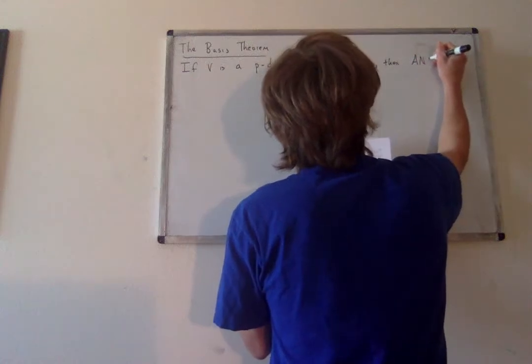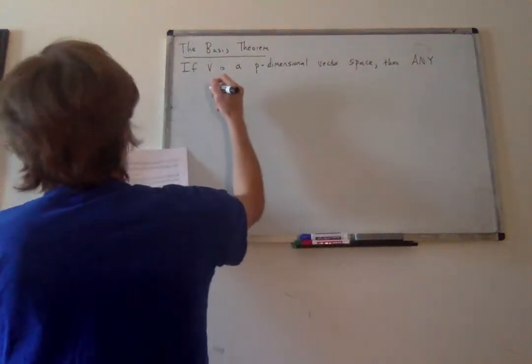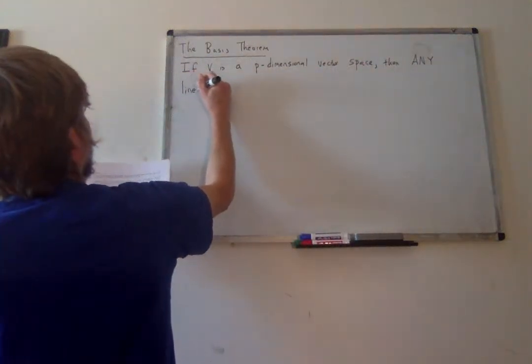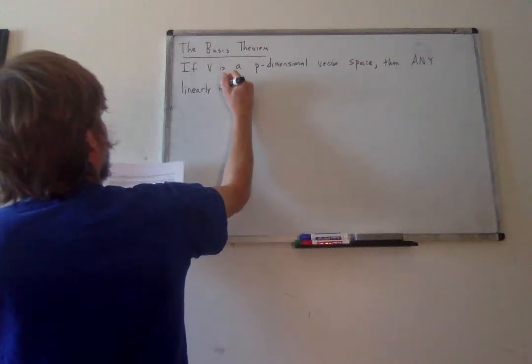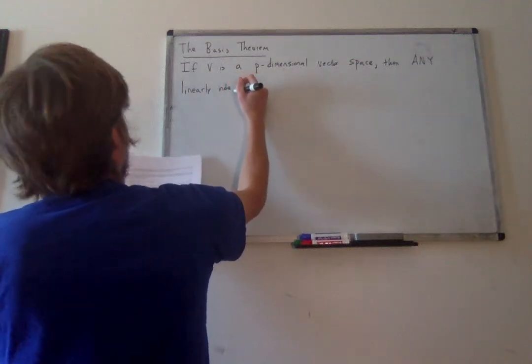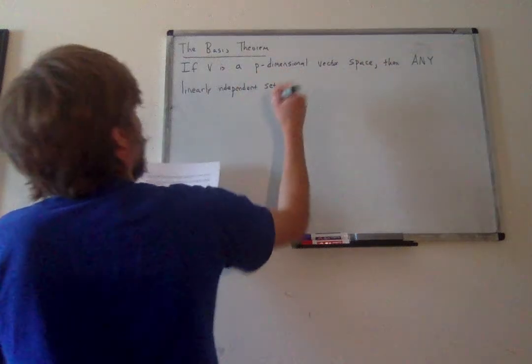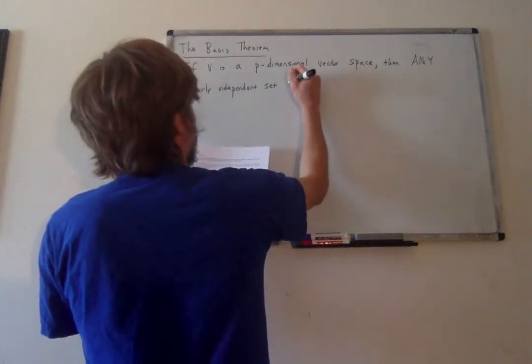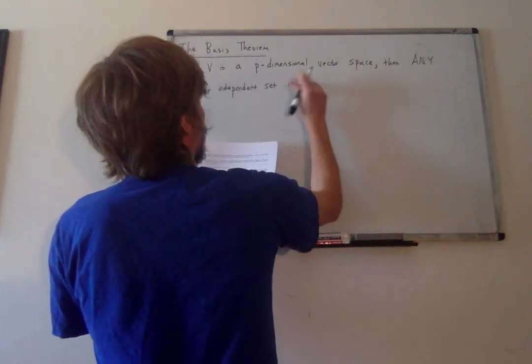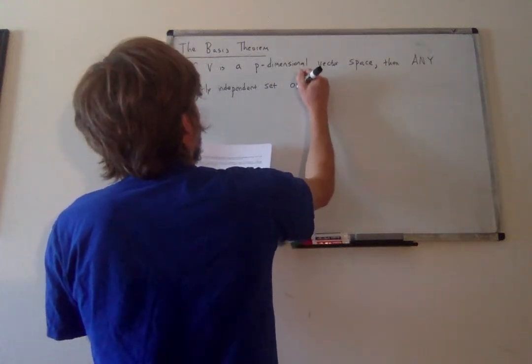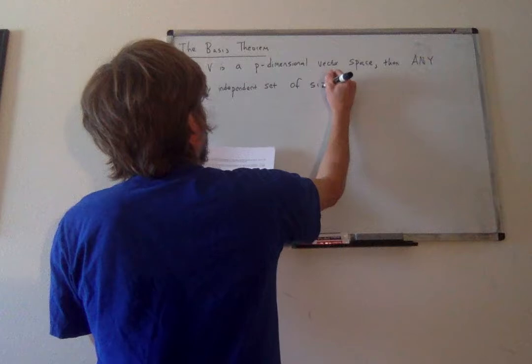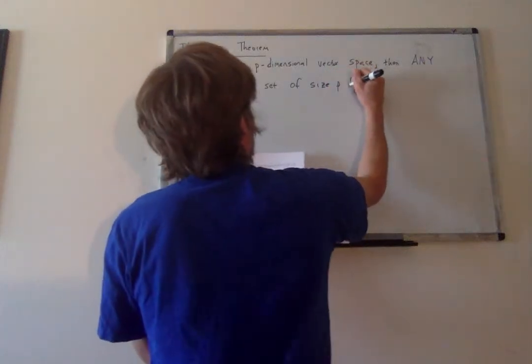I just take any linearly independent set of size p, and it forms a basis for V.